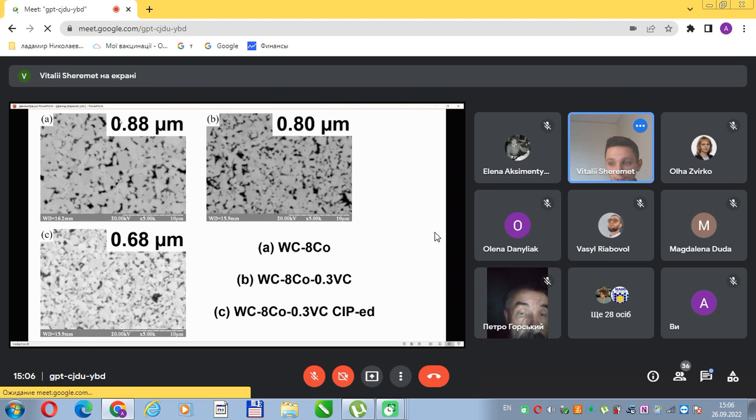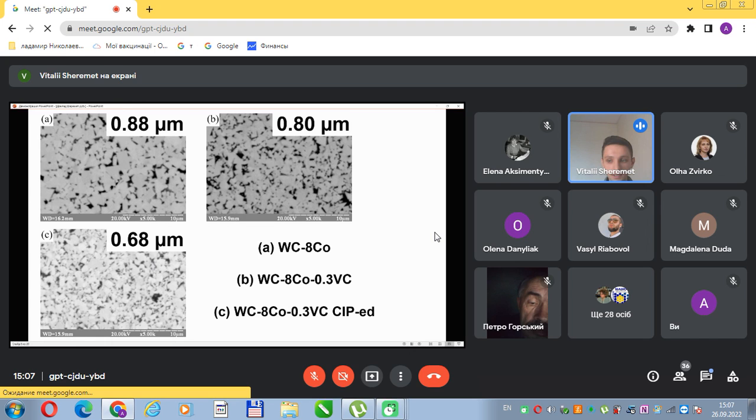The tungsten carbide average grain size of the vanadium carbide containing alloy is 0.8 micrometer. Moreover, the effect of the vanadium carbide grain growth inhibitor additive was enhanced by preliminary cold isostatic pressing of samples. After applying cold isostatic pressing, that for the same alloy is decreased to 0.68 micrometer.